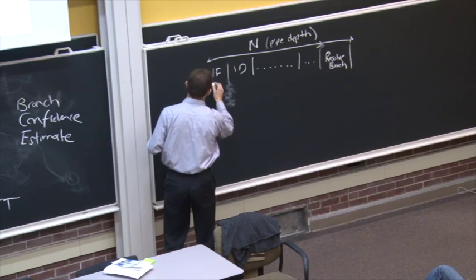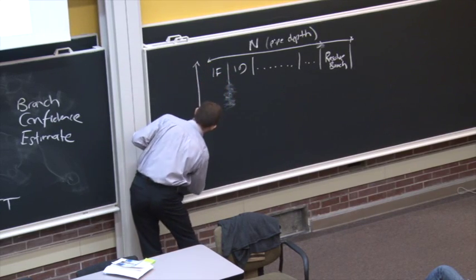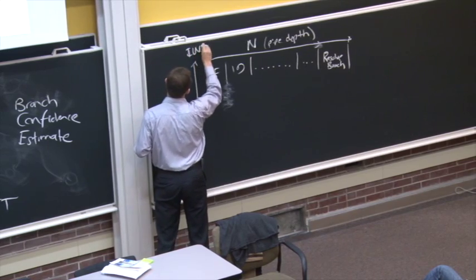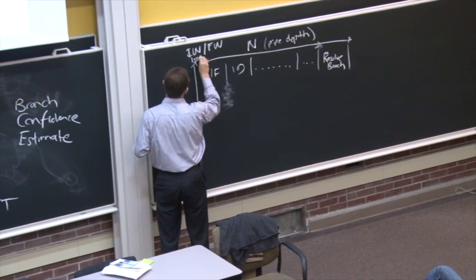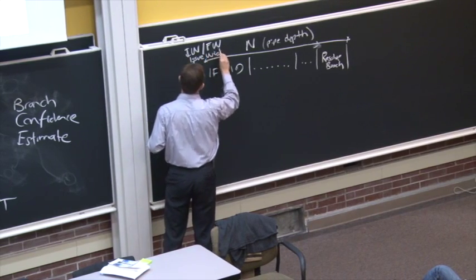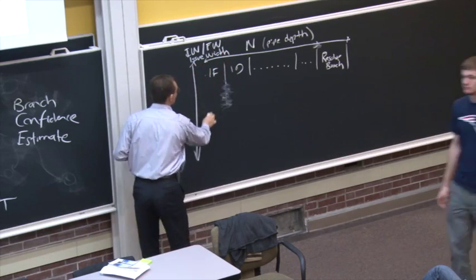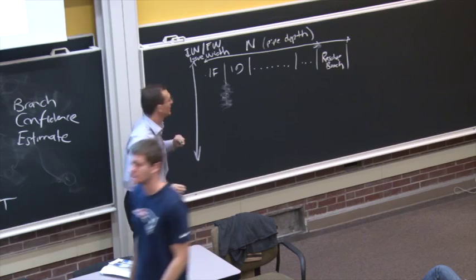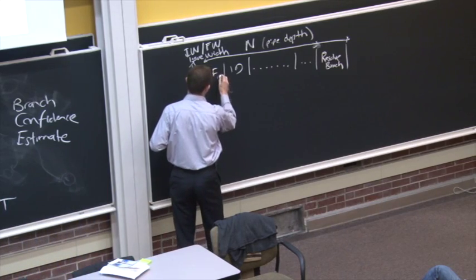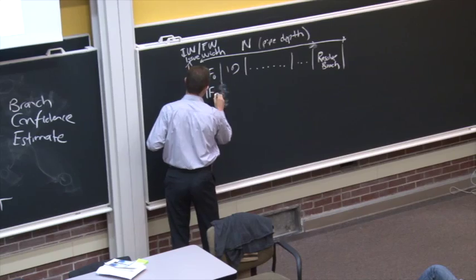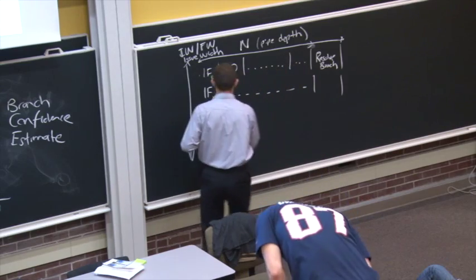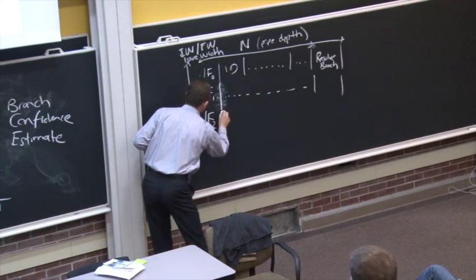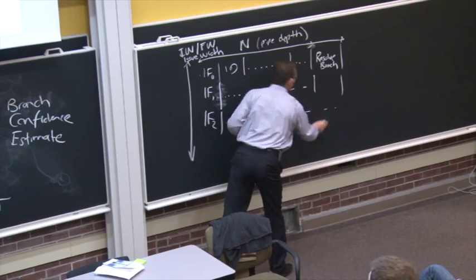I'm going to also add another variable, which is issue width, or maybe I should call it fetch width also. That's called issue width. This will become more clear. But the idea is how many instructions you're fetching concurrently. So this is the first. Maybe you're concurrently fetching another instruction, and you're fetching another instruction in parallel and executing them in parallel.